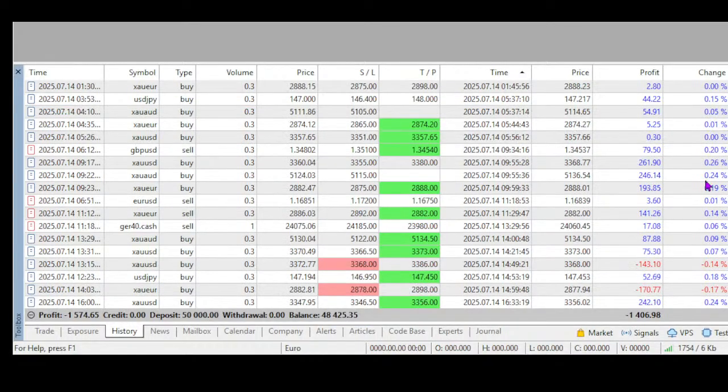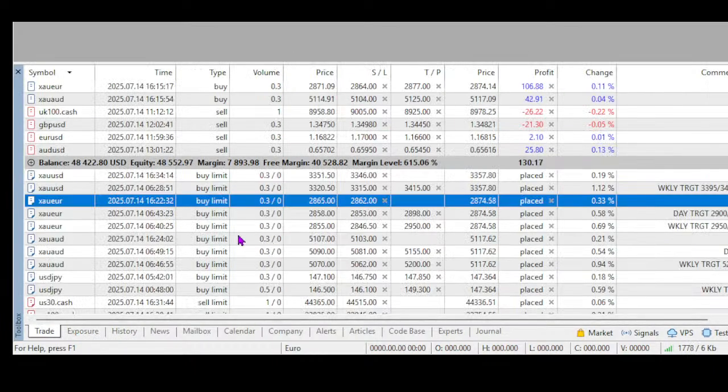Out of this 20, I think we only have 2 losses, which is a good sign. Of course, some are break even, some have taken profit. So overall, as long as we have a price in mind, as long as we have a plan, we stick to our plan, and our goal should be very simple.